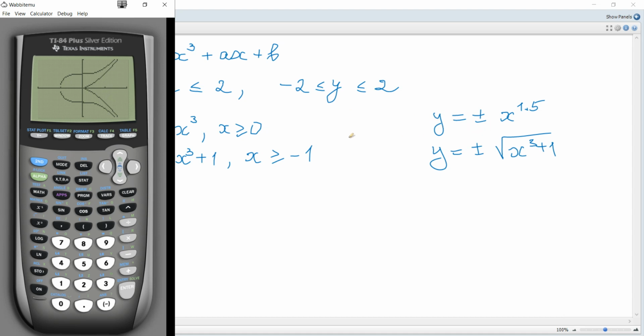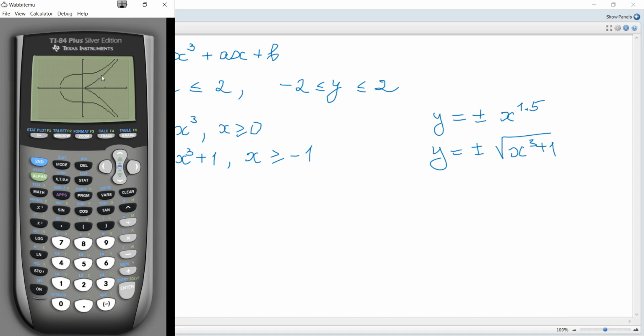y squared is x cubed, it's this curve. We can see that when x is 0, y is 0, so 0, 0 must be present, and it looks a bit shifted, but this sharp point must be at the origin.